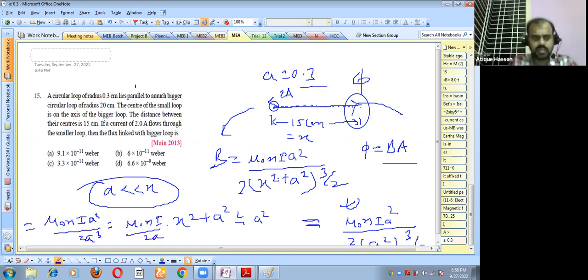Also we know that the number of loops is 1, so N is 1. So the magnetic field will be mu naught i A square by 2 X cube.